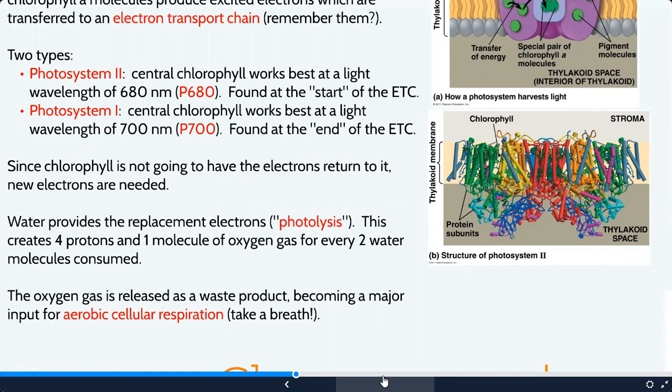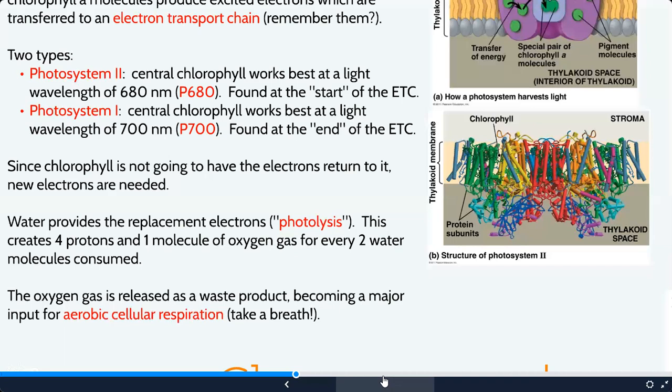It can't keep sending electrons down the ETC without replacement. So the water will go through a process called photolysis. Photo for light, lysis for splitting, just like we talked about hydrolysis. In hydrolysis, you use water to do the splitting, but in photolysis, you use light to do the splitting.